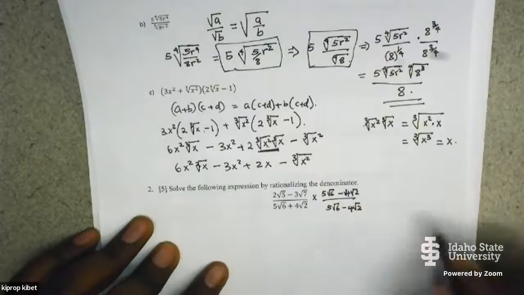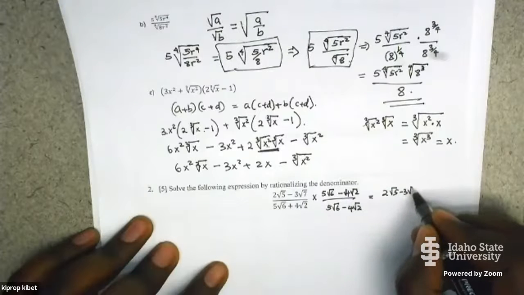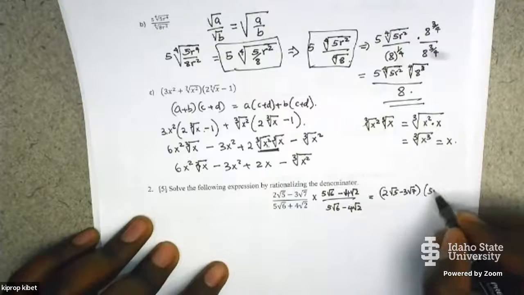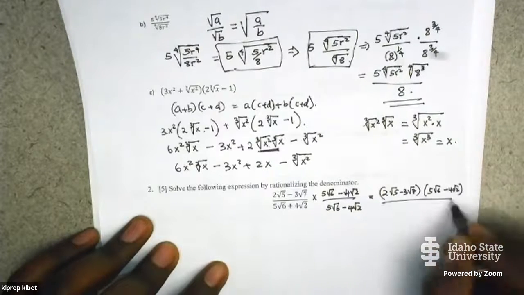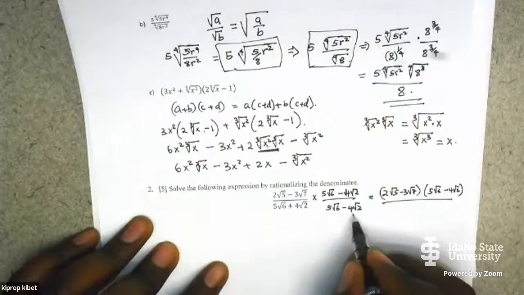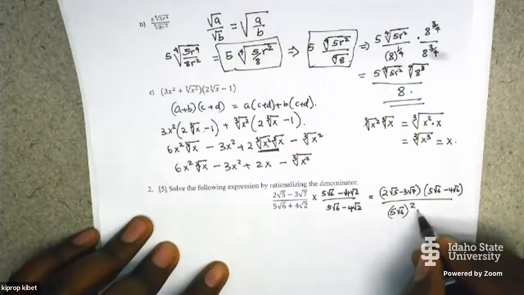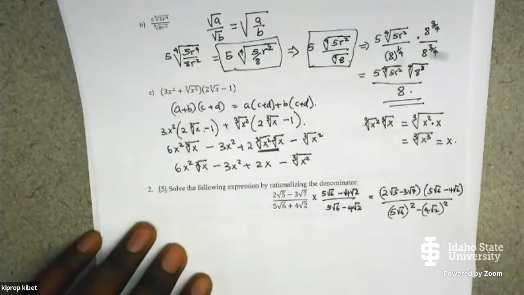The easiest thing here was 2 the root of 5 minus 3 the root of 7, multiplied by 5 the root of 6 minus 4 the root of 2, all over 1. This is a difference of 2 squares. So you just say 5 the root of 6 squared minus 4 the root of 2 squared. Simply like that. So that's simple.